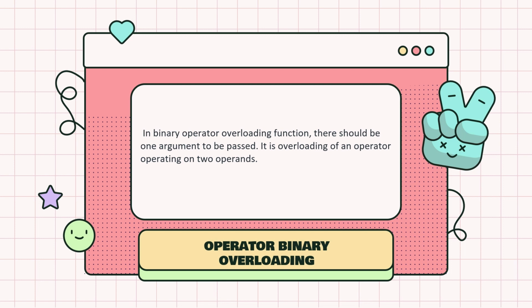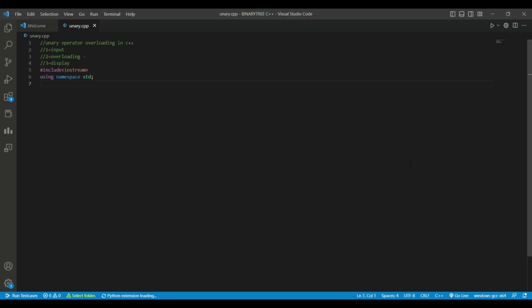So now we move forward to the program so that you understand what I am trying to say, what an operator overloading function is, and how we declare operator overloading in C++. For unary operator overloading in C++, we take a class named test, and it contains three functions.